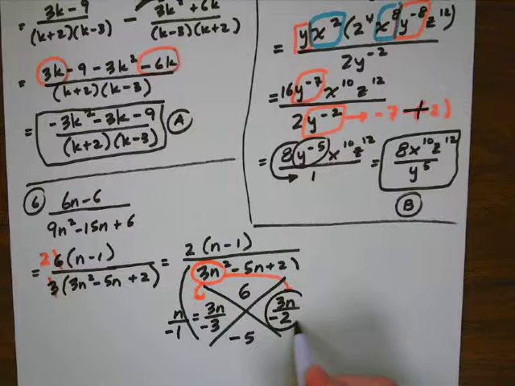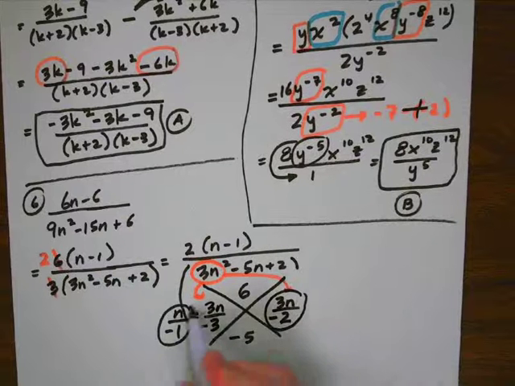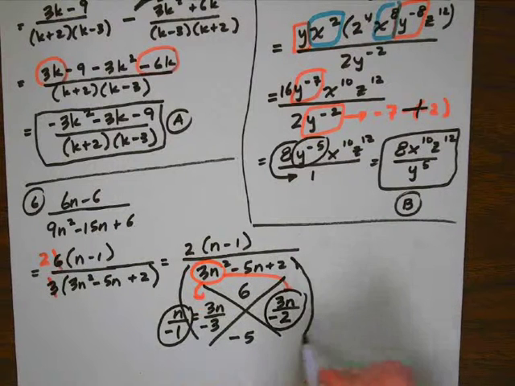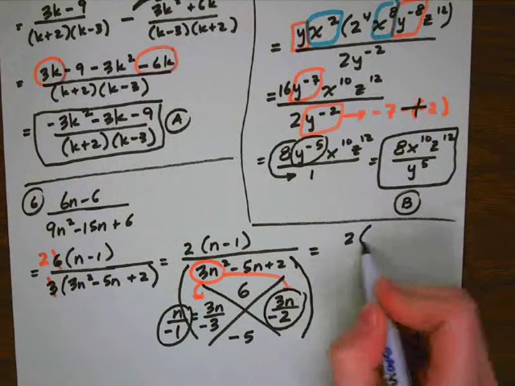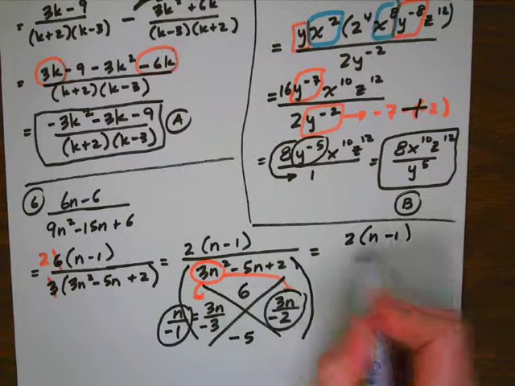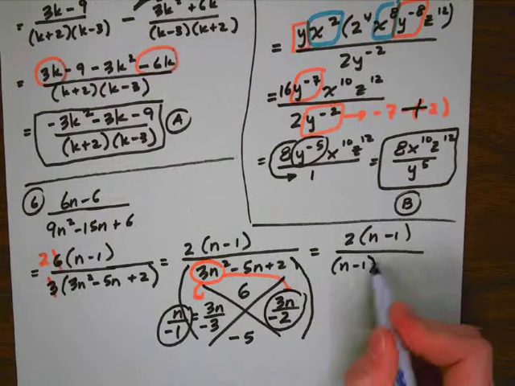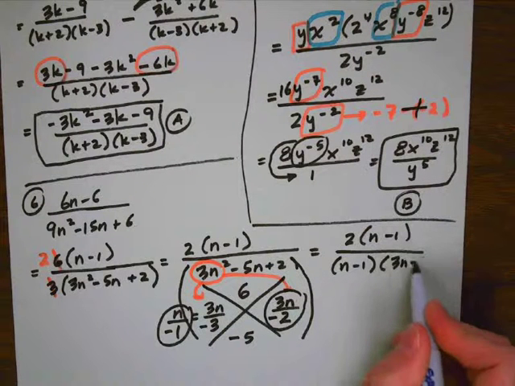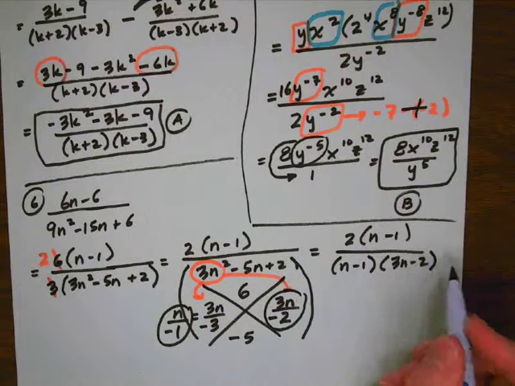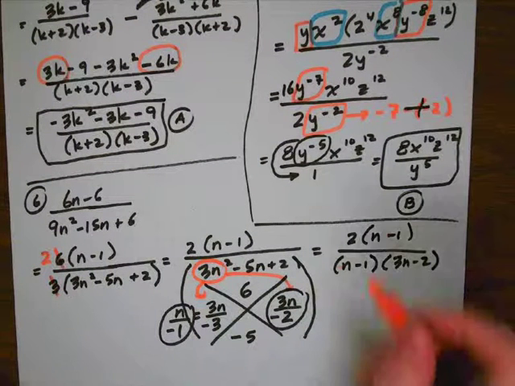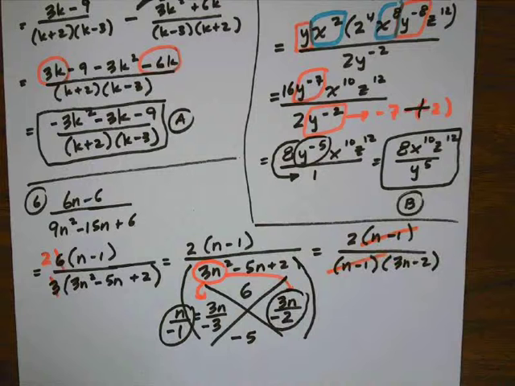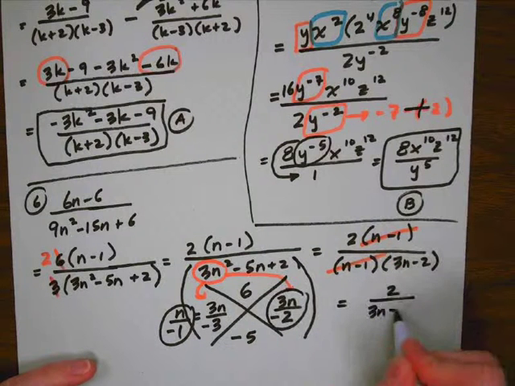And the two reduced fractions become our factors. So we have 2, n minus 1 on the top, and then n minus 1 from over here, and 3n minus 2 over there. So the n minus 1s cancel out, and we're left with, as an answer, 2 over 3n minus 2.